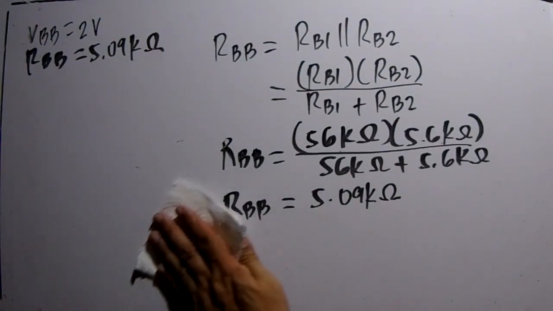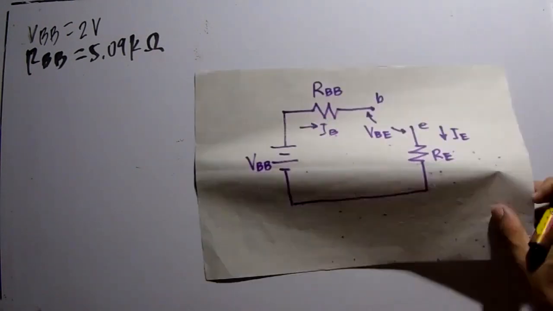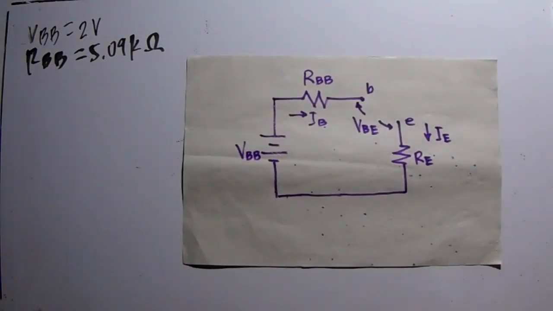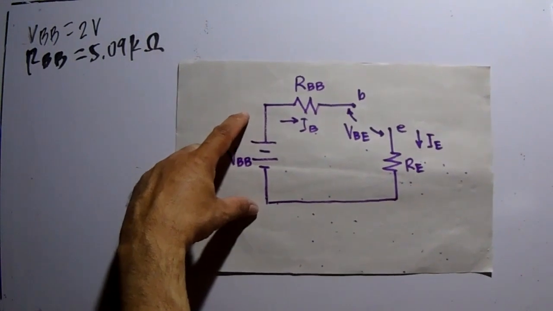Now we need to solve IB, or the base current, in order to solve for IC and IE, and that value is needed, or IE is needed, in order to solve for re, our AC resistance. So from this diagram, this is our Thevenin's equivalent circuit.